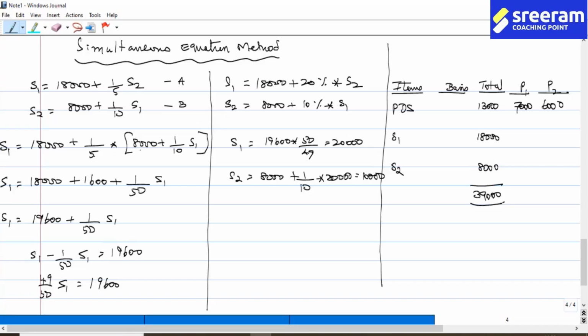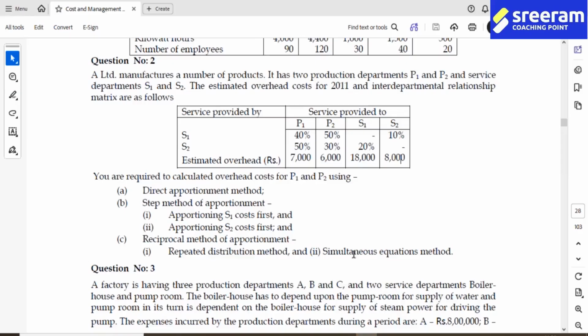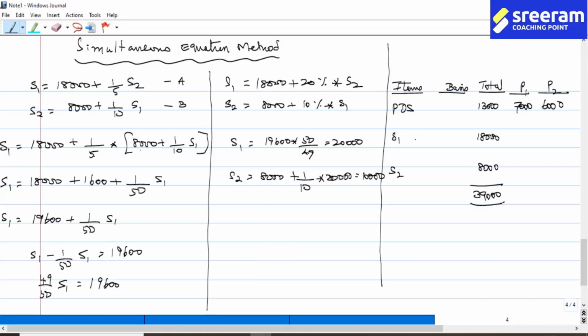So here, in computation, what I do is very, very strange. In this particular case, it will be done in the ratio of 40%, 50% and 10%. So what I will do is, on the figure of 20,000, I will apply 40%.